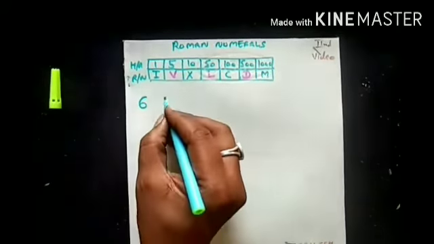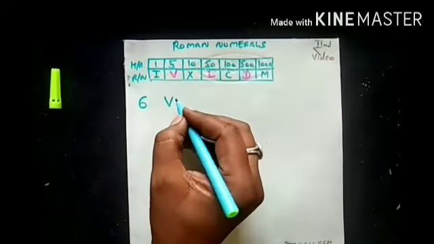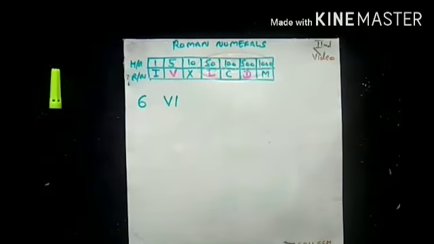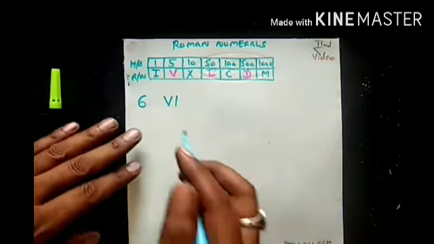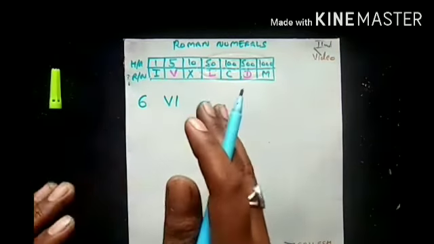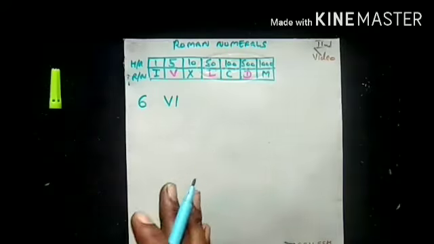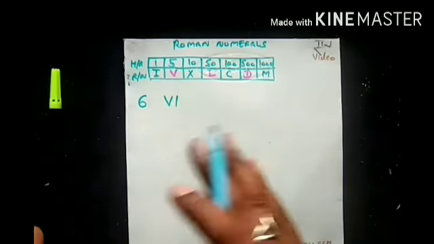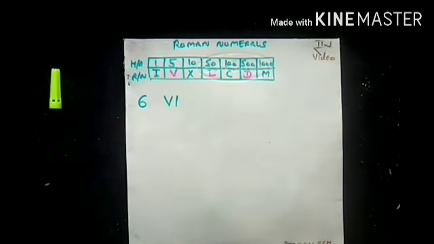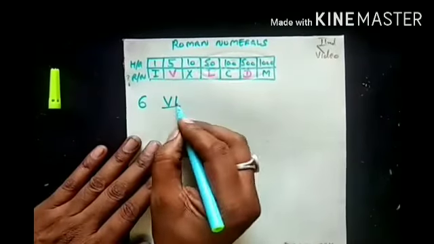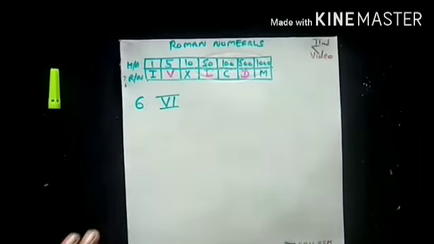Now I will write I on the right side of V. If we write the smaller symbol on the right of the larger symbol, then it is added to the greater symbol. So this is 6 in the Roman numeral system.